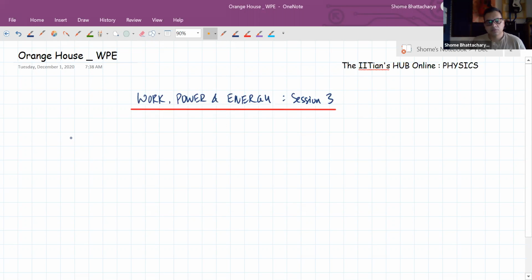So we had seen work done by a variable force is calculated by path integration.